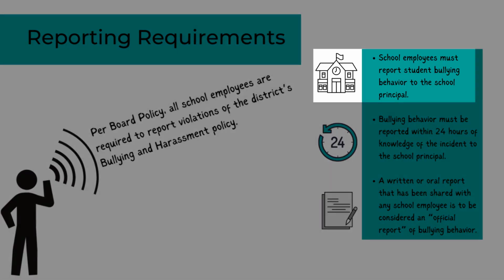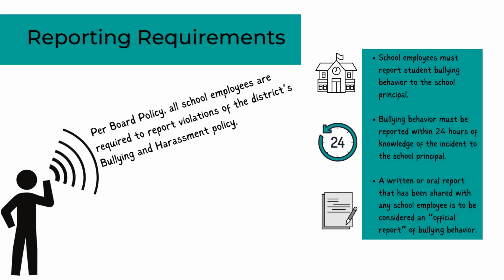First, all reports of student bullying behavior must be reported to the school principal. The school principal is designated in our school board policy as the individual who is to receive all reports of student bullying behavior. We have a new form in Focus titled Bullying and Harassment Reporting Form.